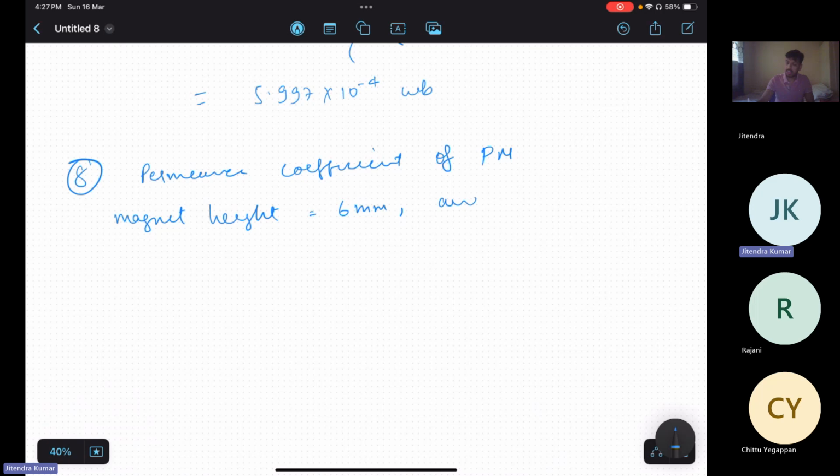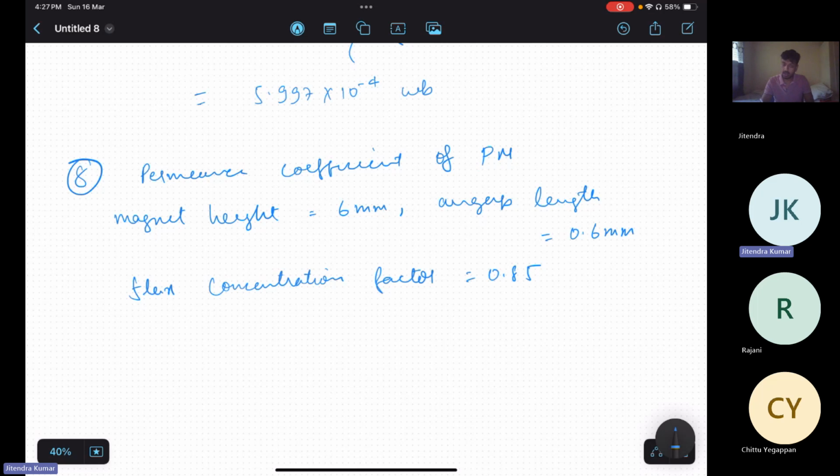Air gap length is equal to 0.6 mm. And flux concentration factor is equal to 0.85.